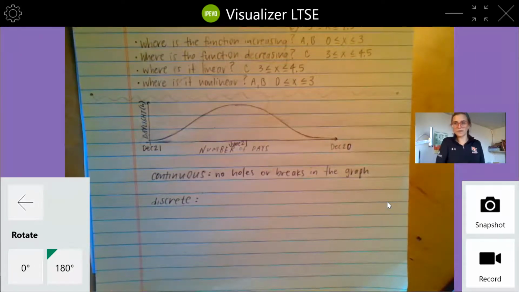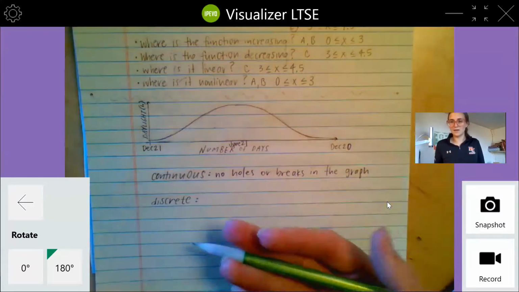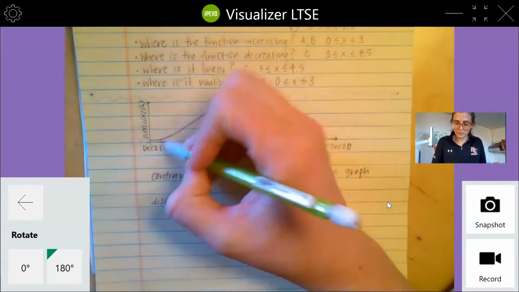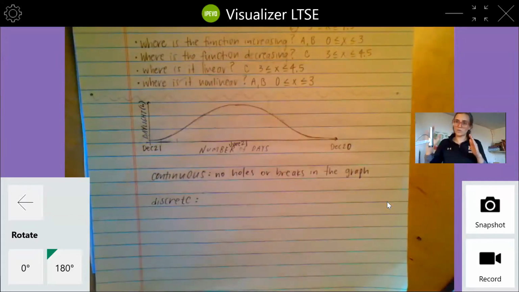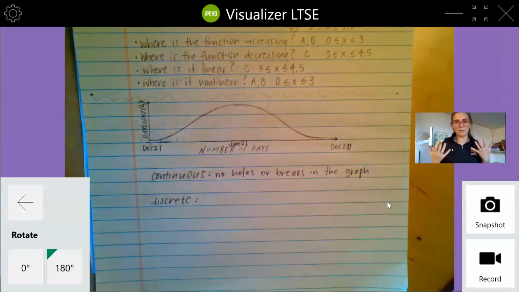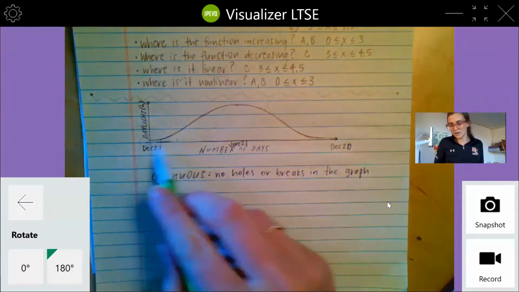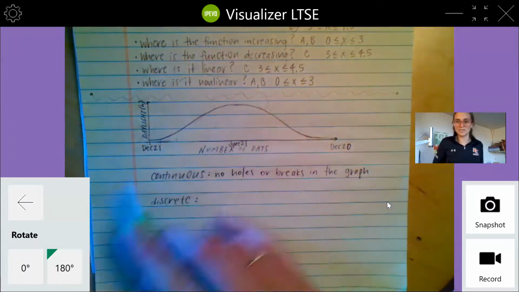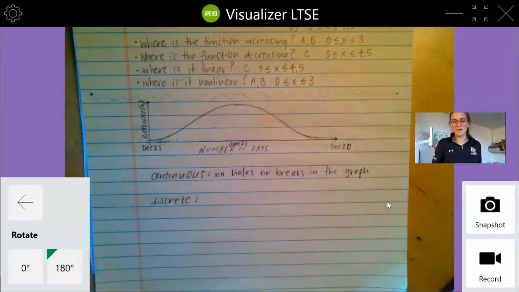No, there's only the 38th day and then the 39th day. So in reality, this should be broken up into really finite pieces and just be plotted points along each day. But it just looks better and is a little more pleasing to see the graph as a smooth, continuous line, which is why we drew it that way.